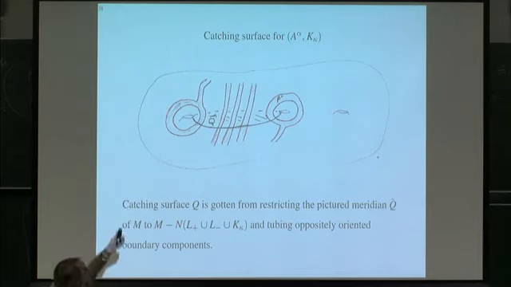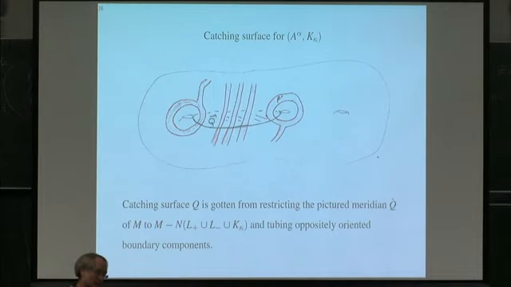It's not hard to see that the intersection number of the boundaries of A alpha with this disk is non-zero when I look at the knots inside this neighborhood. So I can just restrict Q to the exterior of that link, the boundary of the annulus and the boundary of K, and then I can start tubing along. Remember that a catching surface has to have only coherently oriented curves along the boundary of L plus and L minus.